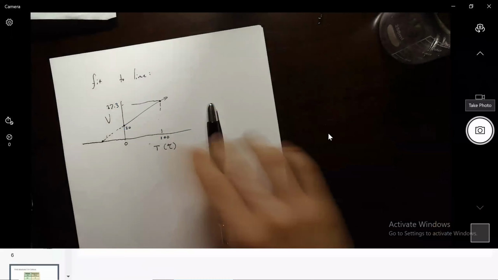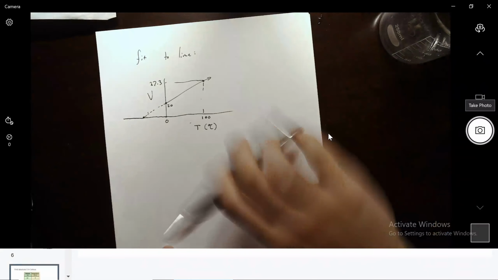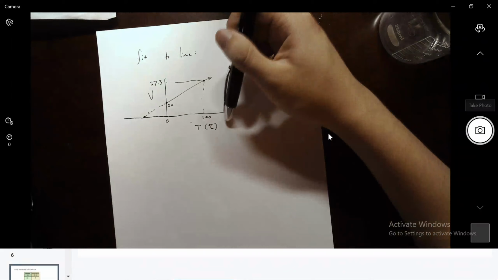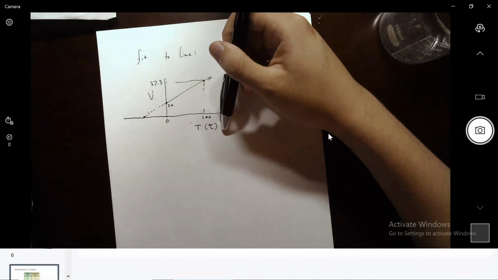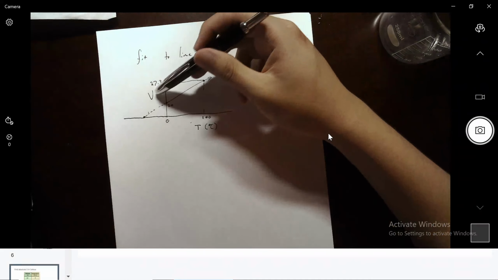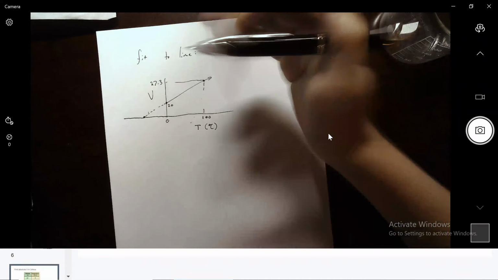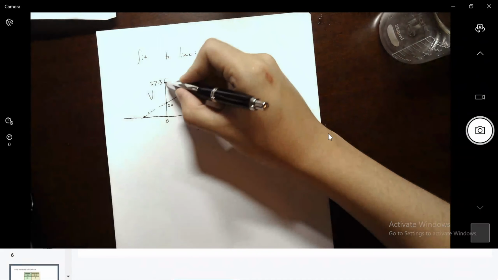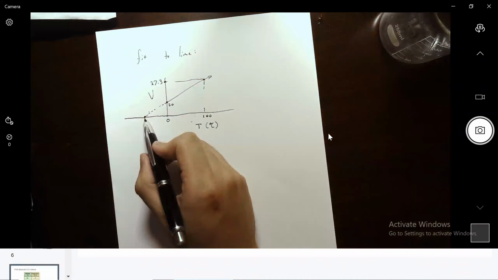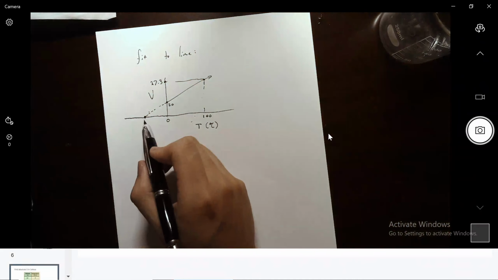Okay, so I've drawn a nice graph here. On the x-axis, we have the temperature in Celsius, and on the y-axis, we have volume with some arbitrary unit, okay? We want to find this point, the value of the x-intercept.